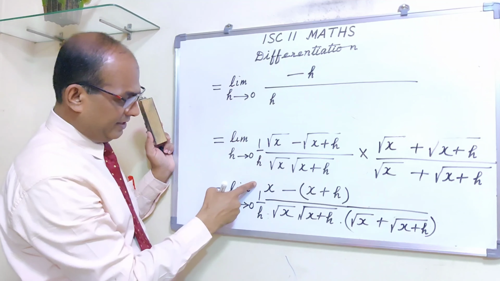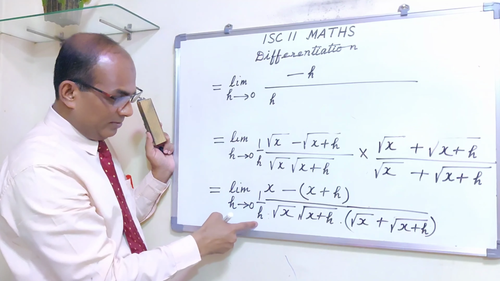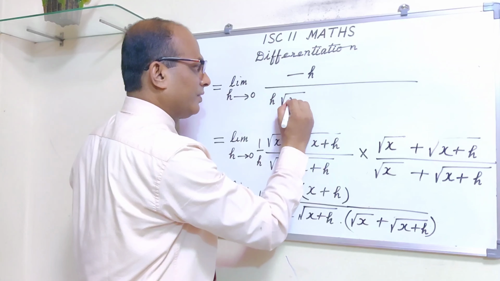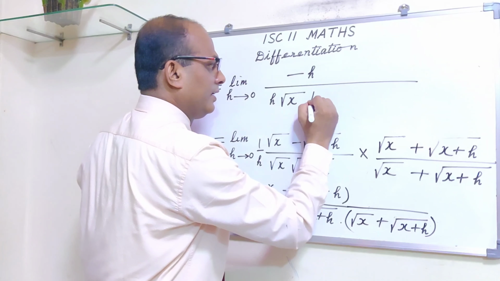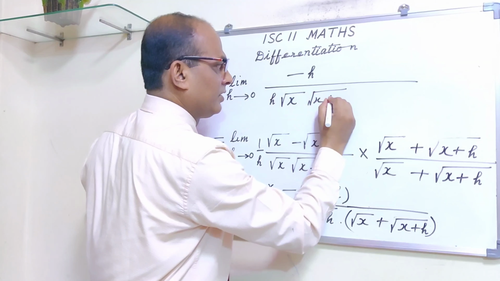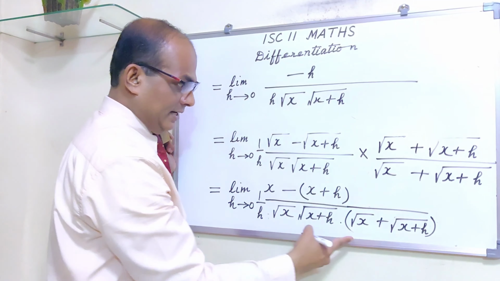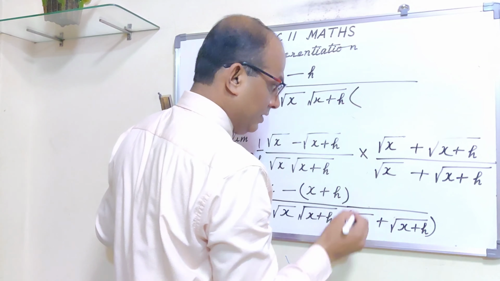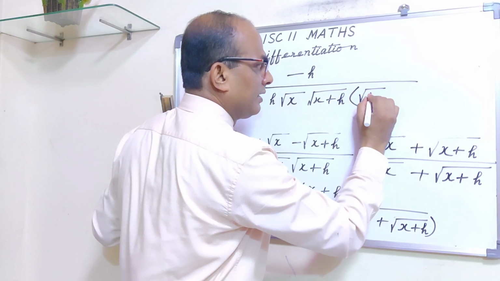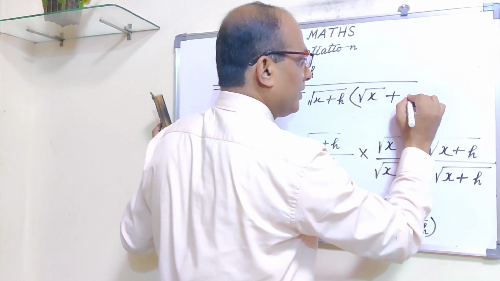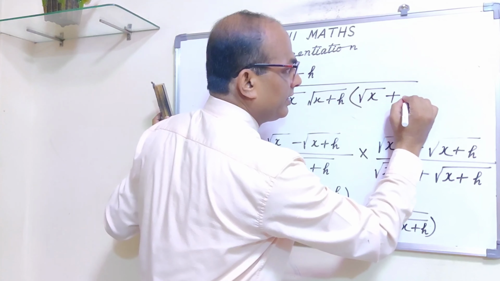Which h? This h, 1 upon h. I am writing like this, h, and then root x, and then root x plus h, and then this one, root x plus root x plus h.